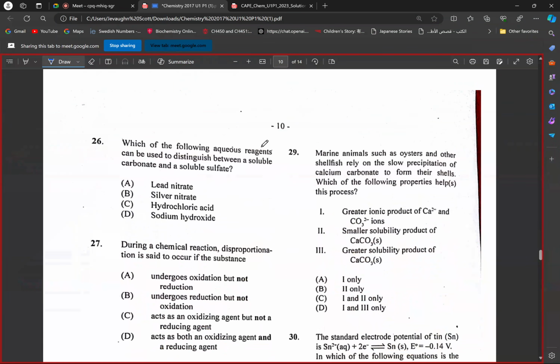Which of the following aqueous reagents can be used to distinguish between soluble carbonates and soluble sulfates? What's the answer here?